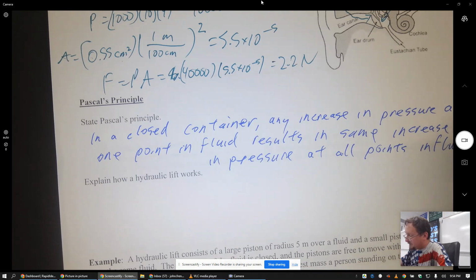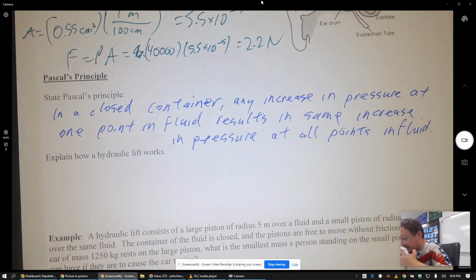So what does that mean? Well, it basically means that this is how a hydraulic lift works.